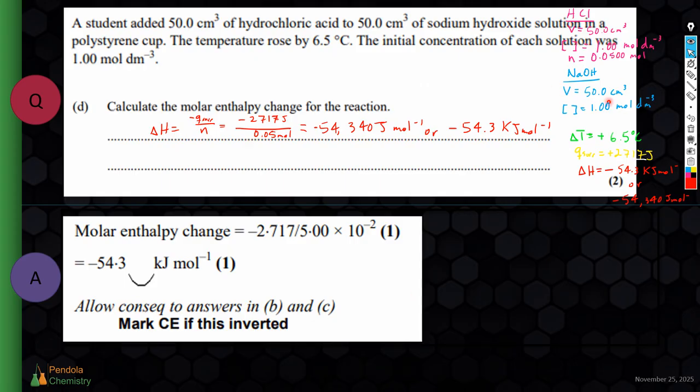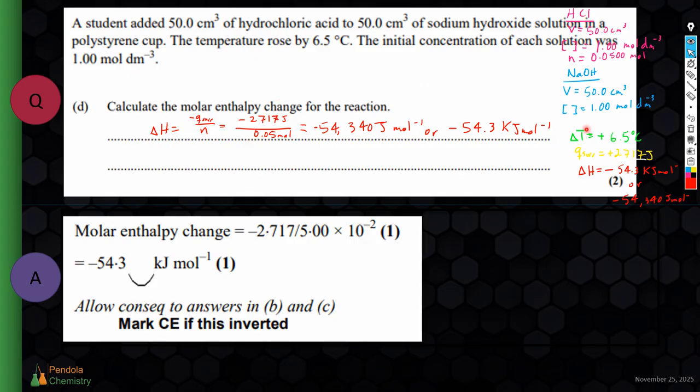So let's say that you had gotten the wrong number for B or the wrong number for C. As long as you do this calculation right, you will get the points for it being the right answer. So you need to make sure that you look at that when you're doing your work.